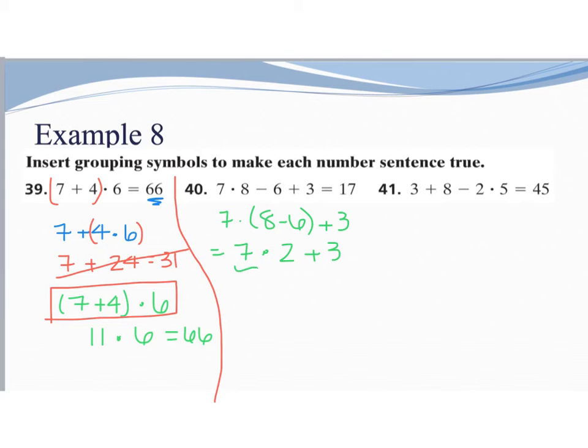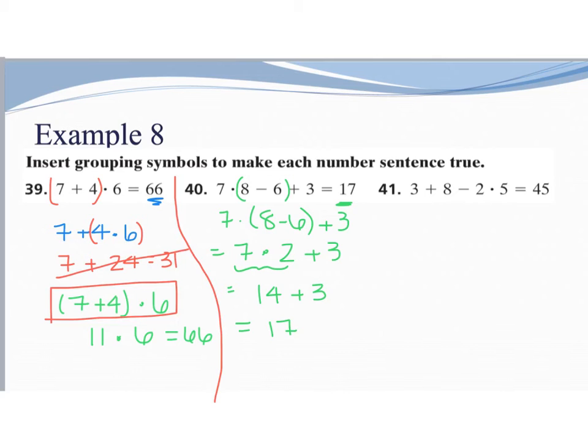Then I have to simplify the multiplication first. So this is going to give me 14 plus 3, and 14 plus 3 is equal to 17, and that's exactly what I wanted. So I can see that my grouping symbols are going to go around the 8 minus 6.